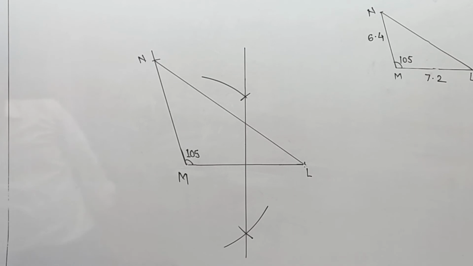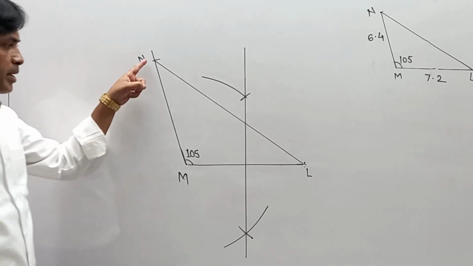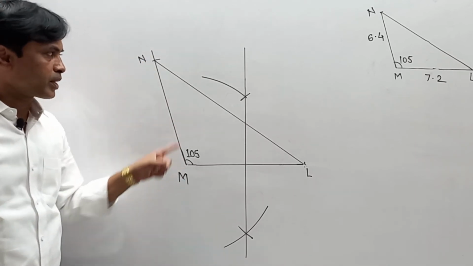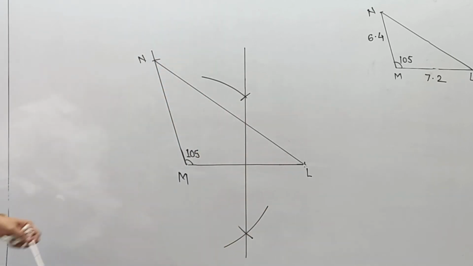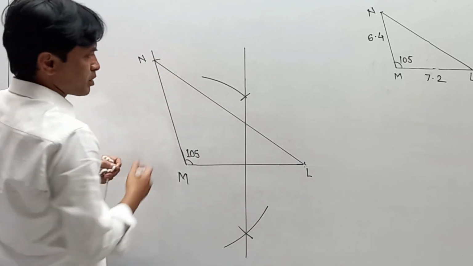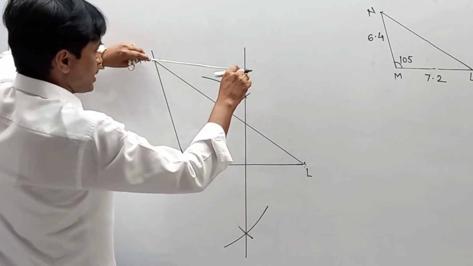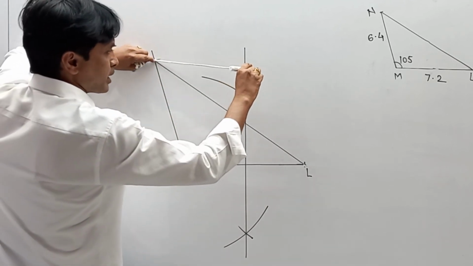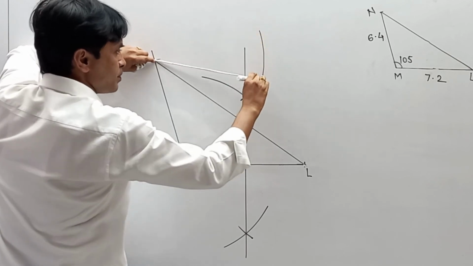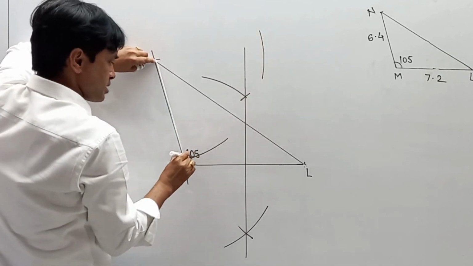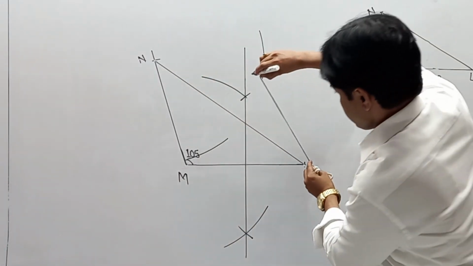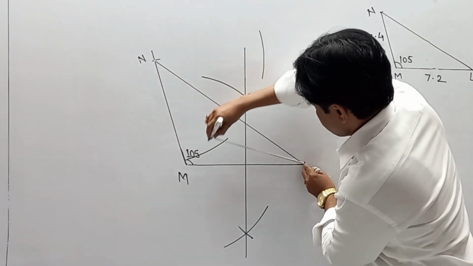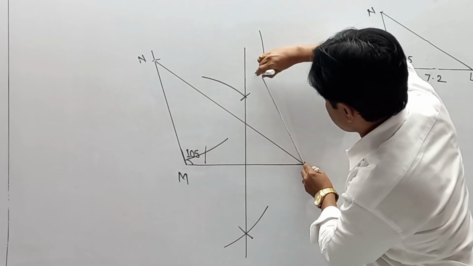Now for the second side, you can have the perpendicular bisector on MN or LM, that depends upon you. Here I am going to draw the perpendicular bisector of LN. Now the part is taking a distance more than half, first arc, second arc. Now from L, first arc, second arc.